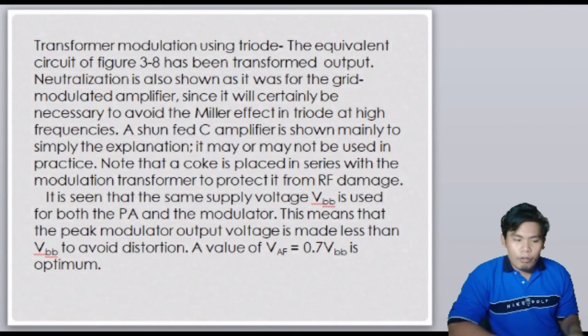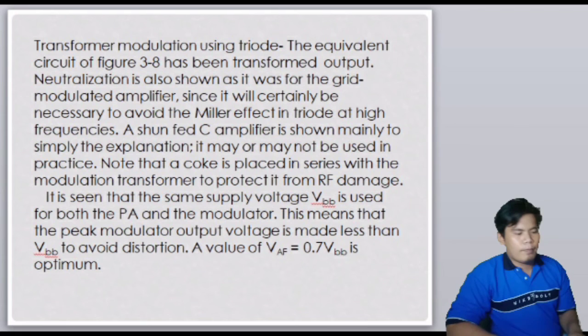Note that a choke is placed in series with the modulation transformer to protect it from RF damage. It is seen that the same supply voltage, VBB, is used for both the PA and the modulator. This means that the peak modulator output voltage is made less than VBB to avoid distortion. A value of VAF equal to 0.7 VBB is optimum.